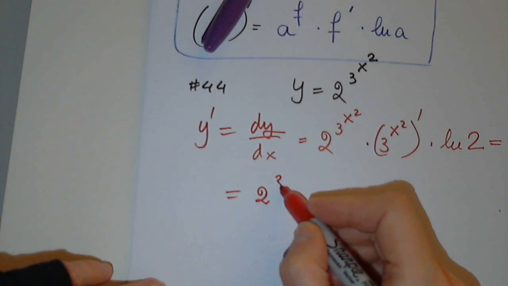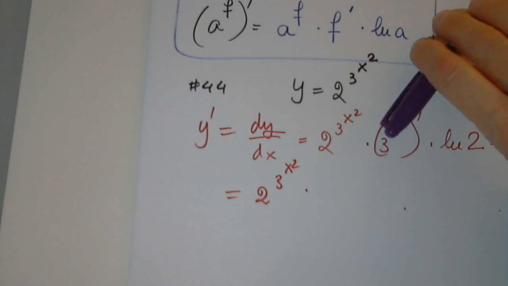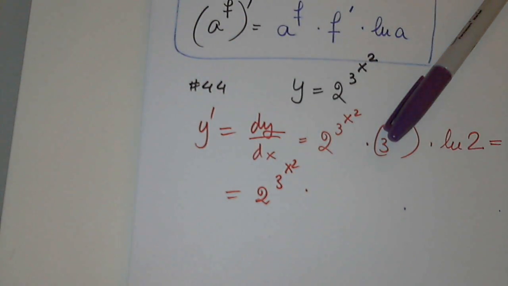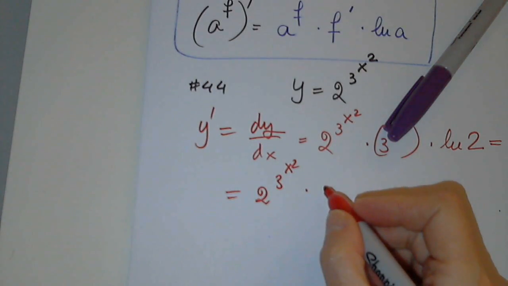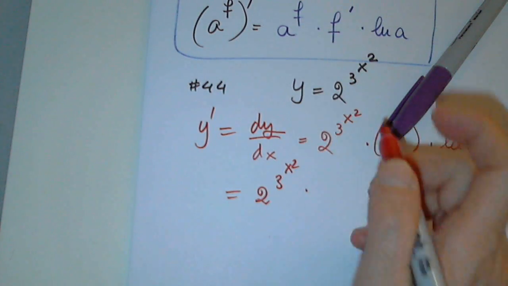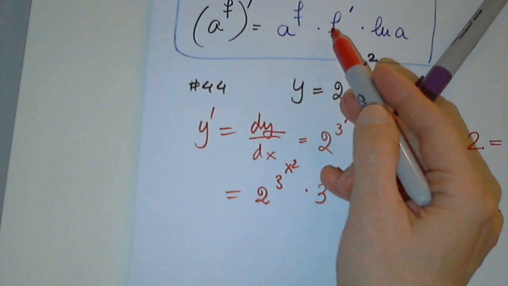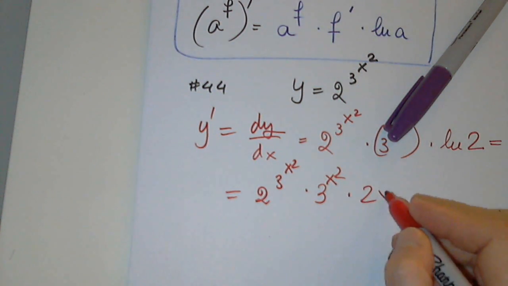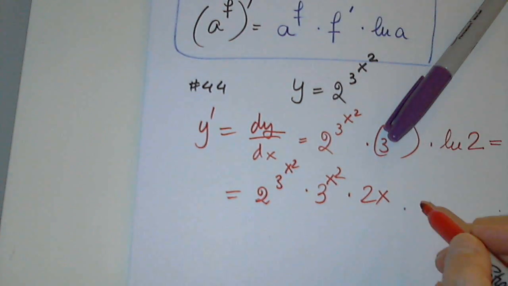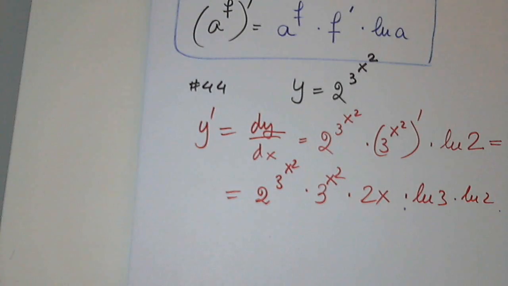So 2 raised to 3 to x squared times. I'm differentiating 3 to x squared. How do I differentiate 3 to x squared? Or 3 to a function? 3 to a function prime is 3 to the function times the function prime, which is, yes, x squared prime, which is 2x, excellent, times ln of 2.